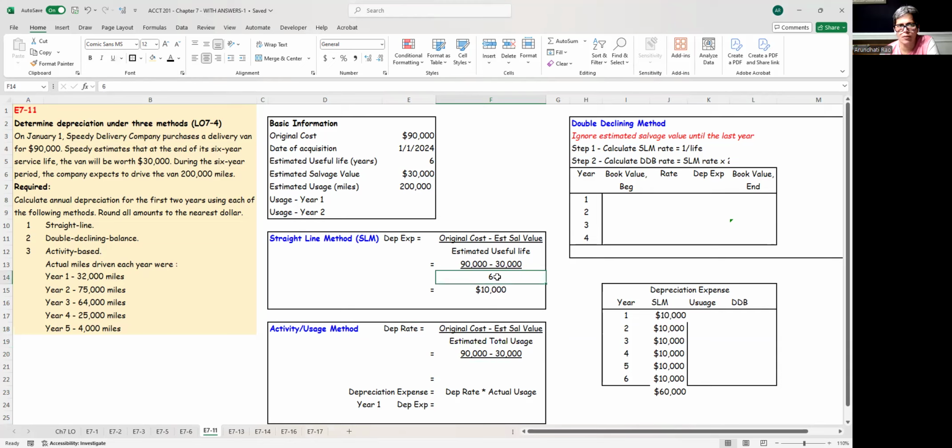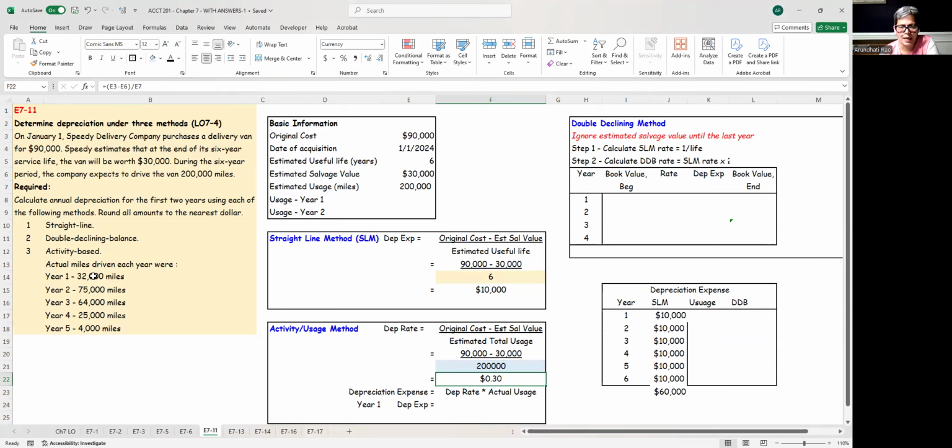In the denominator, here we had 6 years. Here we will have the activity. So instead of years, we will have the activity as 200,000 miles. So 60,000 divided by 200,000 is going to give me depreciation at the rate of 30 cents per mile.